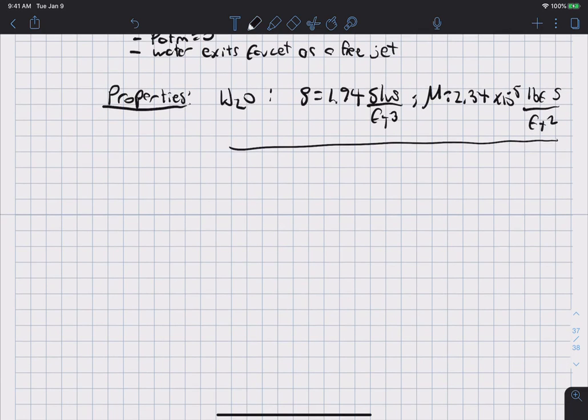And so the solution: use the energy equation with a head loss, because for this problem, we are explicitly being asked to account for viscous losses.